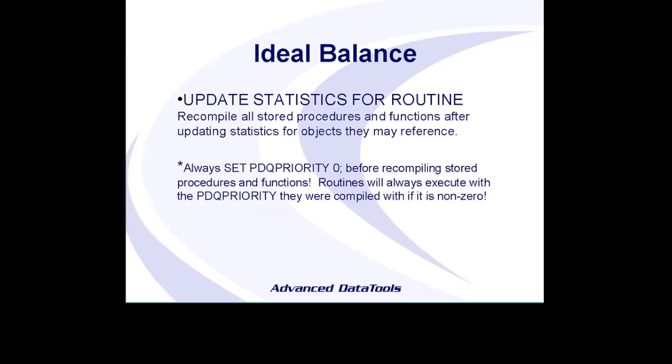Otherwise, the first time they run, the stored procedure is going to recompile itself, which is fine. Before Informix 11.10, you would have gotten a -710 error when that happened. But now you won't get a -710 error. However, if you have a very busy server, multiple users will try to recompile those procedures the first time they run them.